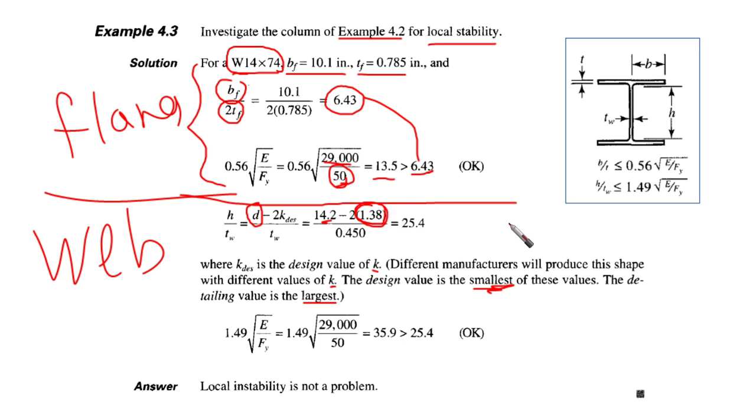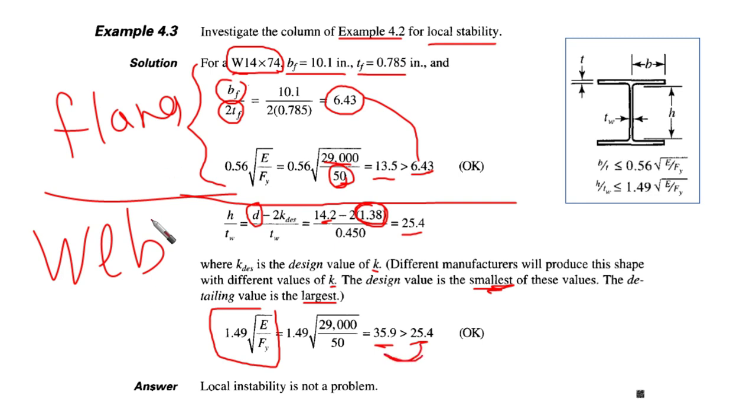So this is the k for us here, and when you calculate it, it's going to be 25.4, which should be less than our limit. The limit for the webs is 1.49 radical E over Fy. This gives us 35. We are at 25, then we are safe.